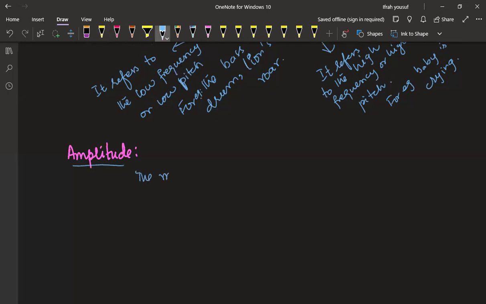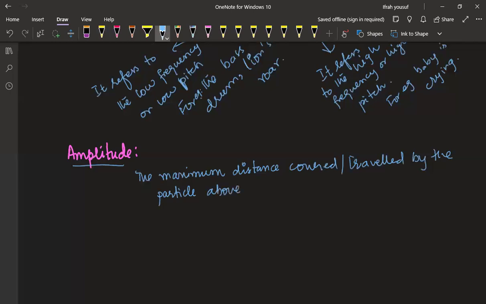Amplitude: the maximum distance covered or traveled, ठीक है, by the particle. अच्छा, ये पार्टिकल की अगर हम बात कर रहे हैं तो फिर ये नहीं लिखेंगे कि traveled in the wave.